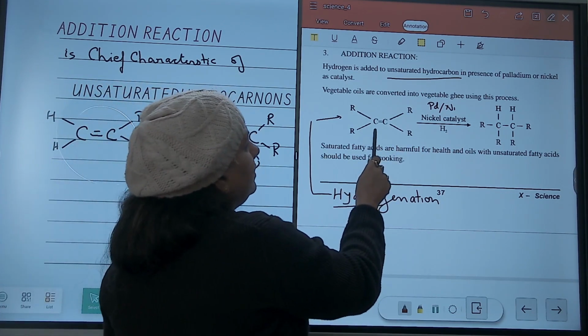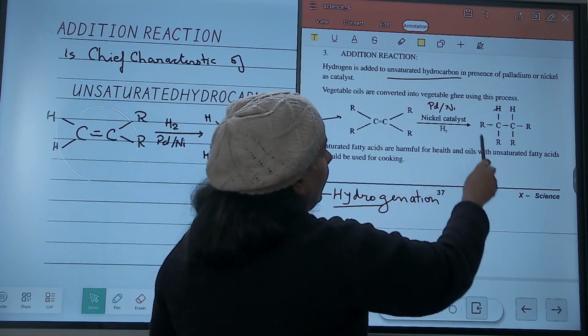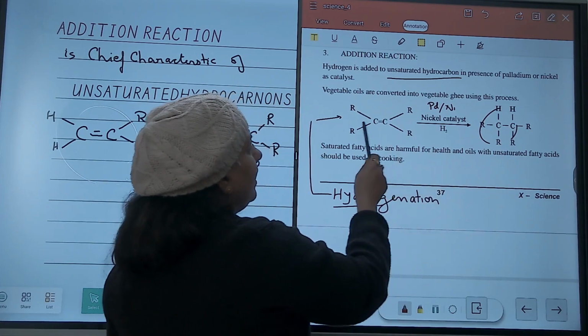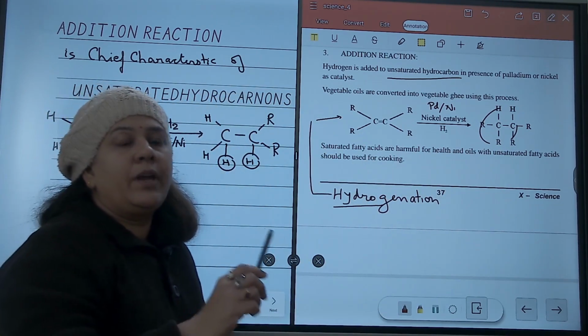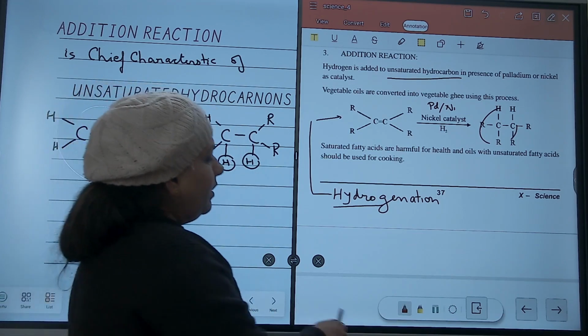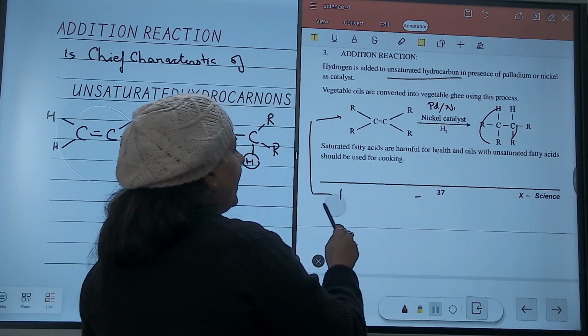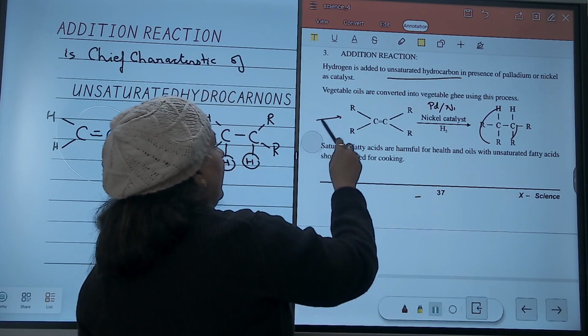So oils can be converted into fats. Fats are saturated and oils are unsaturated. So you can convert vegetable oil into fats. One more thing we must remember, that these fats are not good for health.